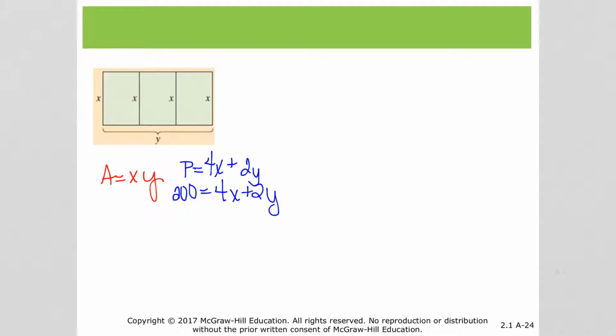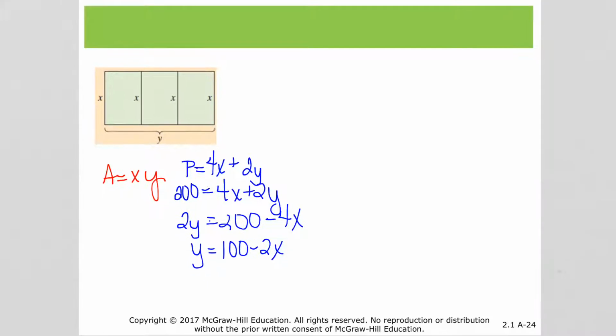So I'm going to solve this for y and then plug into my area formula. Okay? So we've got 2y equals 200 minus 4x. So y is 100 minus 2x. So I'm going to take my area formula, and we're going to plug a y in of 100 minus 2x.